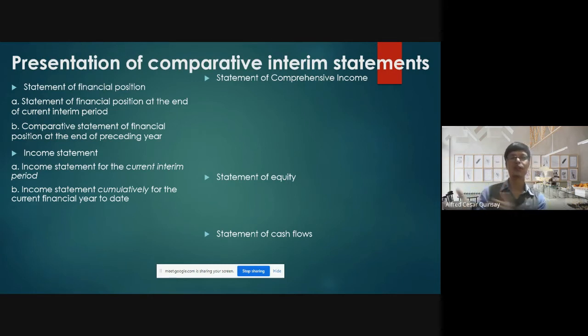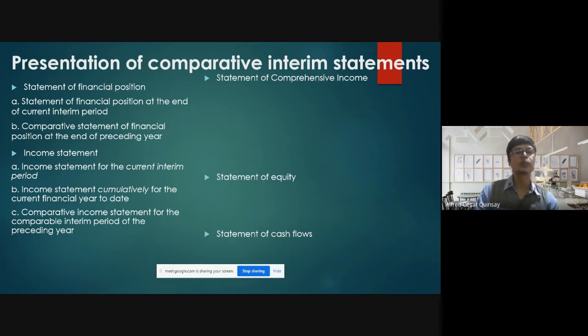So cumulative, no? Okay, and then comparative income statement for the comparable interim period of the preceding year. So ito rin, kasama rin yung last year, no? Comparative income statement doon for the comparable interim statement of the preceding year.